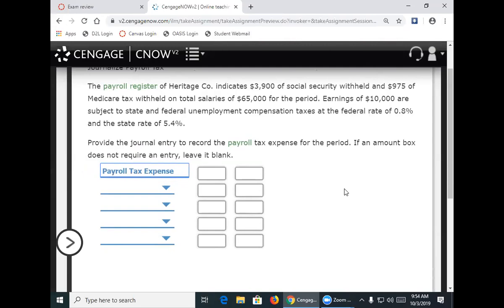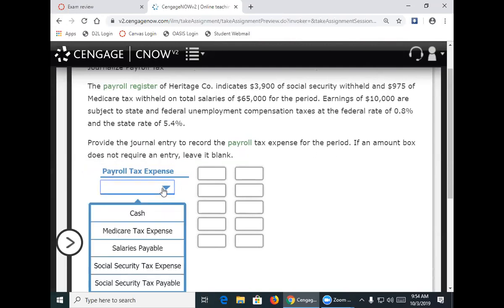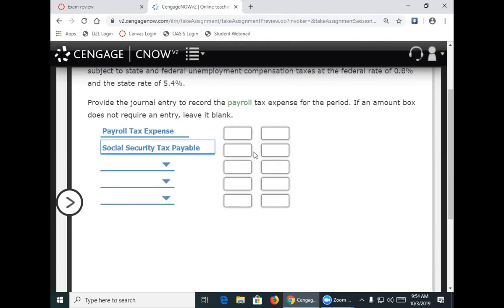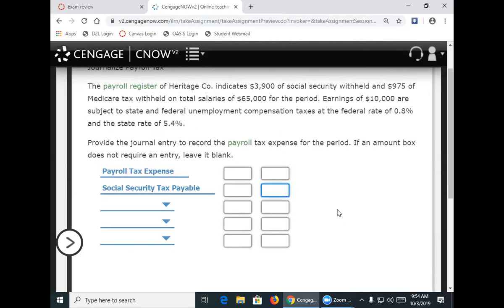Social Security tax payable gets credited. Make sure you use the payable account. It won't be an expense, it'll be a payable. They try to trick you with that. So always record them as payables. We're just not paying them right now.